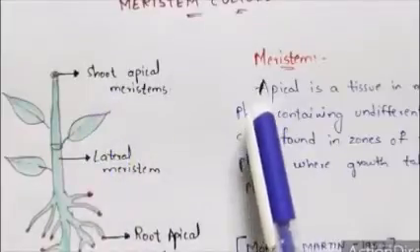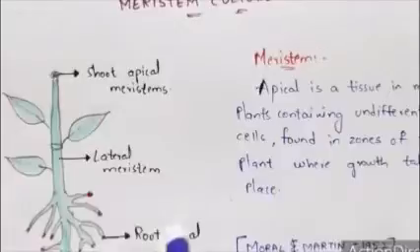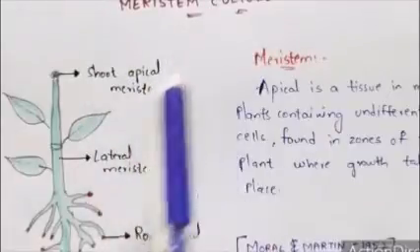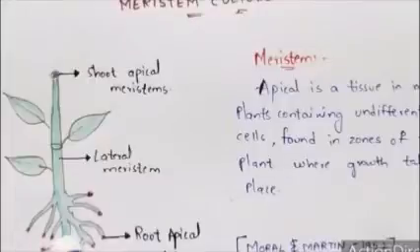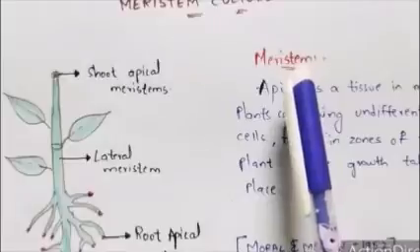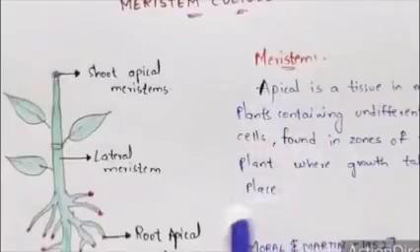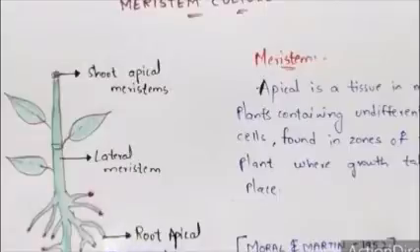So in this case, the root apical meristem and shoot apical meristem are the two types of apical meristems. As I have said, these apical meristems are present at the regions where the growth takes place. At the apex regions of the roots, the meristem will be present.